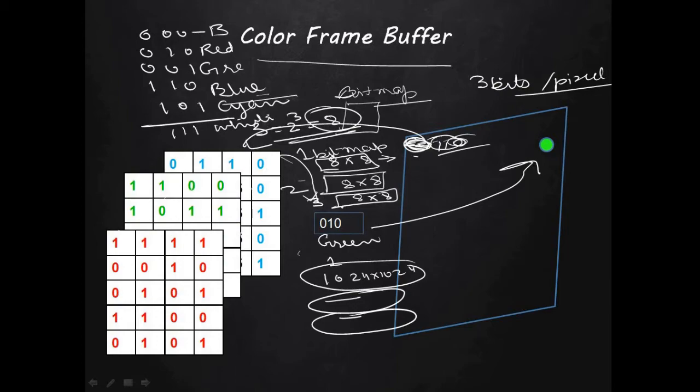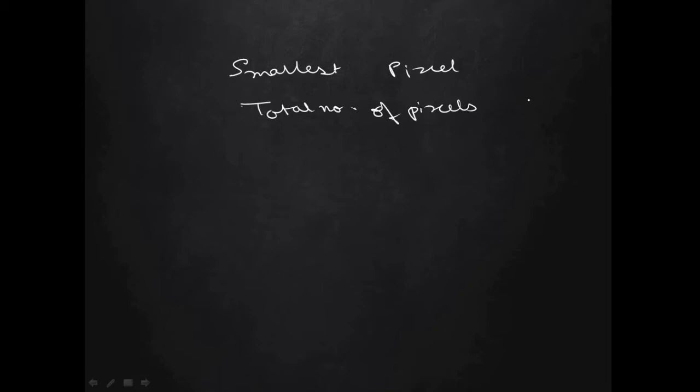Okay, so in this way we can represent different colors using different bit maps. So what we have studied today is that the smallest picture element is the pixel, and the total number of pixels is the resolution.